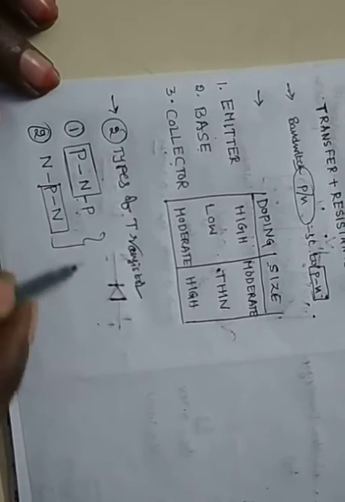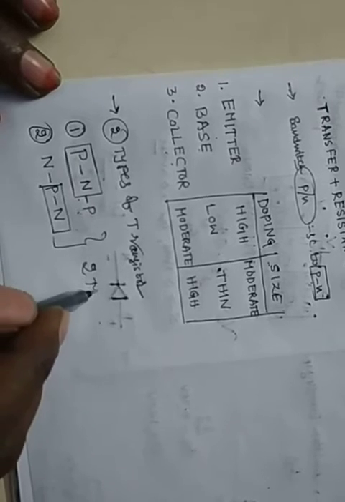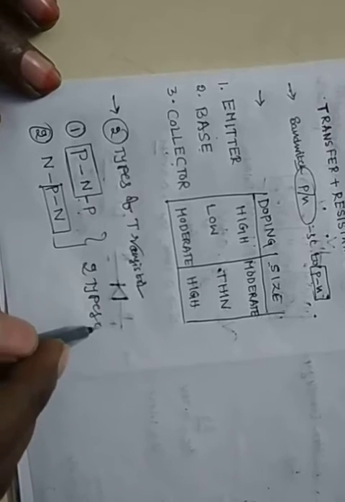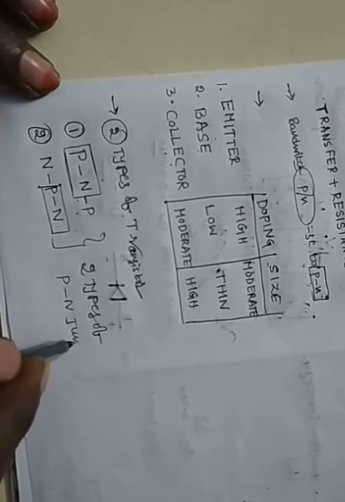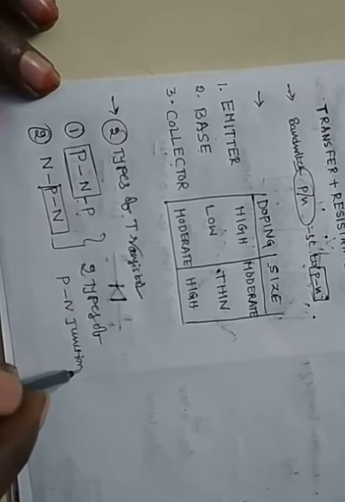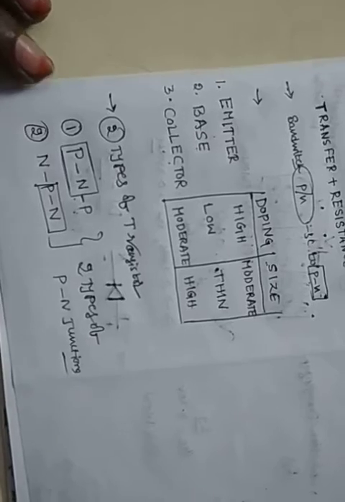That's why in any transistor, two PN junctions will be present.